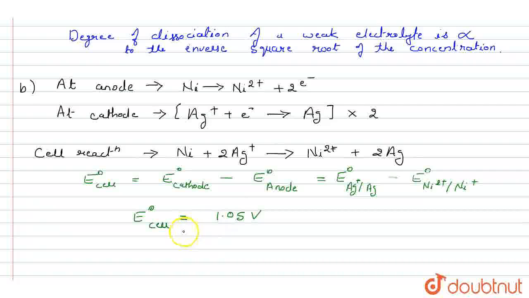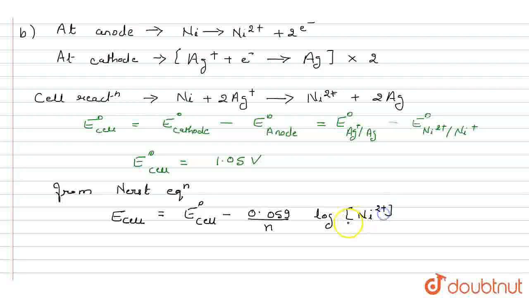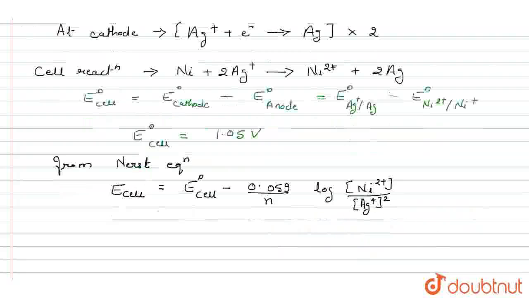Now according to the Nernst equation, E cell equals E naught cell minus 0.059 divided by n log of Ni2+ divided by Ag+ whole square. Here the value of n is equal to 2.